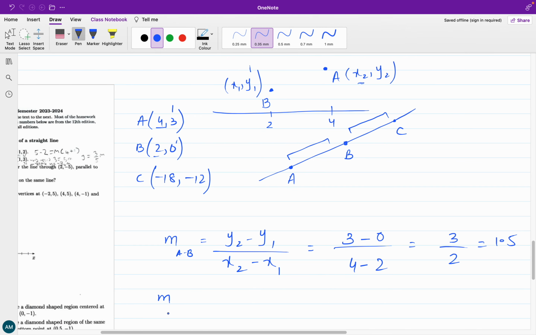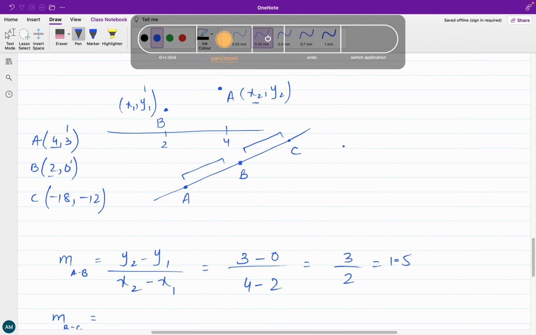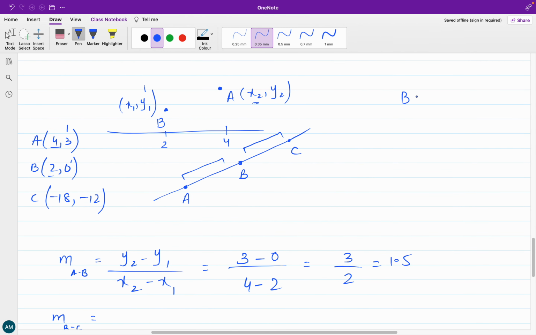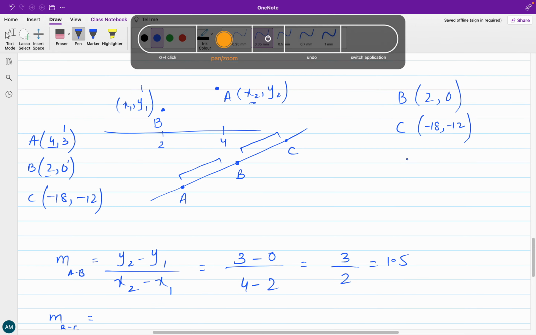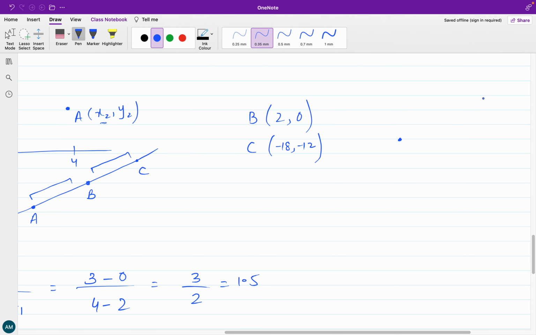Let's see if the slope from B to C is also the same. Now from B to C, we need to figure out which one is x2 and y2. B is (2, 0) and C is (−18, −12), which means point C lies way before point B. This is C and this is B. Why?